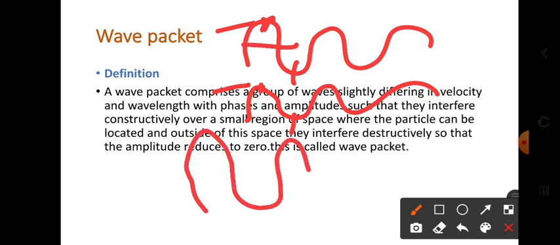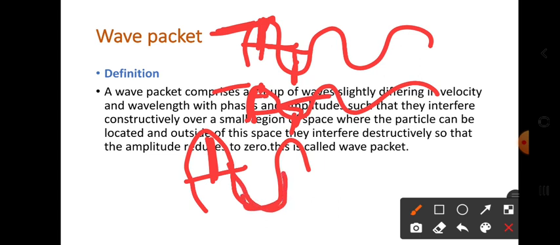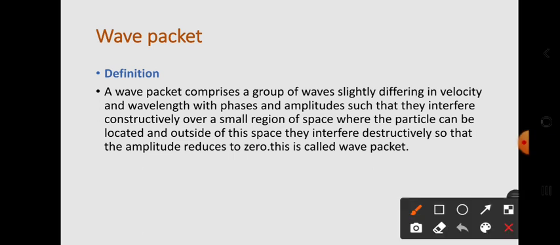When these two waves interfere like this, crest to crest, they form maximum amplitude, and when trough and trough interfere, they form a maximum amplitude trough. This type of interference is called constructive interference.